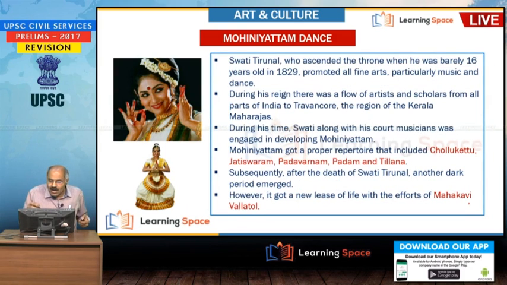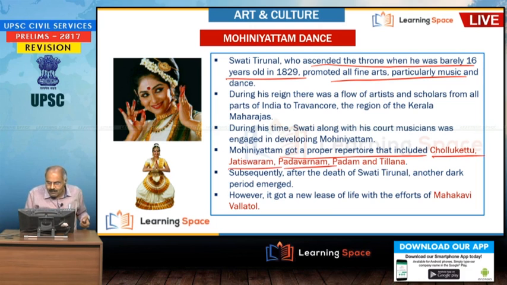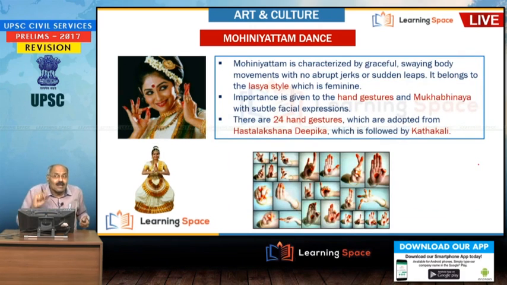Swati Tirunal, who ascended the throne when he was barely 16 in 1829, promoted fine arts, particularly music and dance, right. Mohiniyattam got a proper repertoire that included Chullukettu, Jatishwaram, Padavarnam, Padam and Tilana. Finally, please don't forget, it belongs to the Lasya style, which is the feminine. This is one important point.